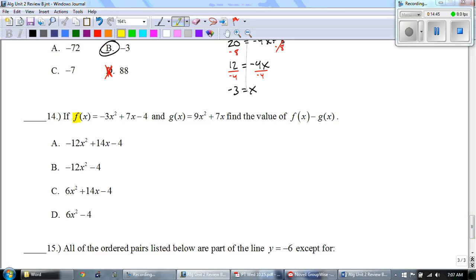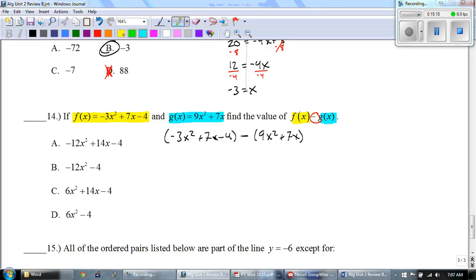I have 2 functions, and they're asking us to do what between those 2 functions? They want us to subtract those. So I'm going to write f of x first, that's negative 3x squared plus 7x minus 4, and we are subtracting g of x, 9x squared plus 7x.